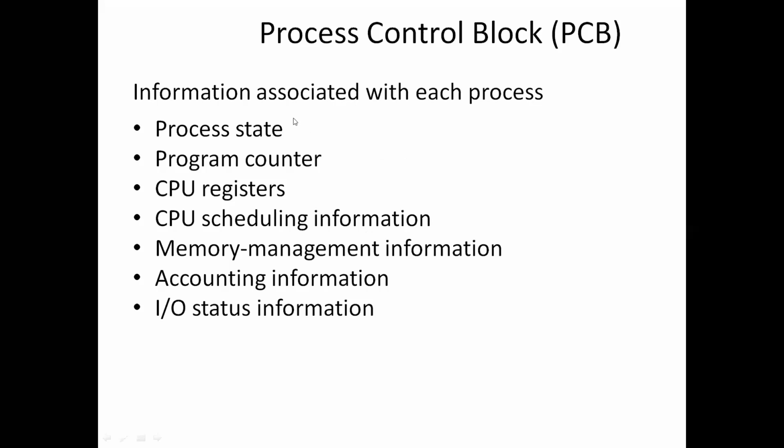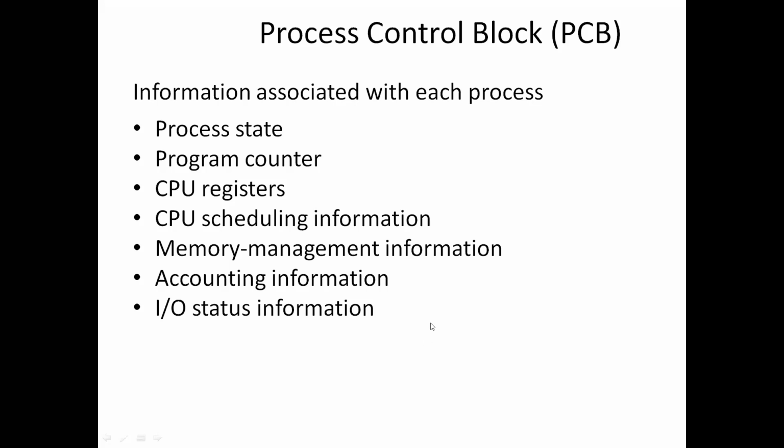The information associated with each process is the process state, program counter, CPU registers, CPU scheduling information, memory management information, accounting information, and I/O status information.